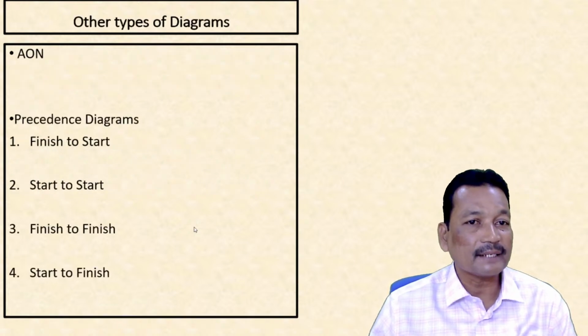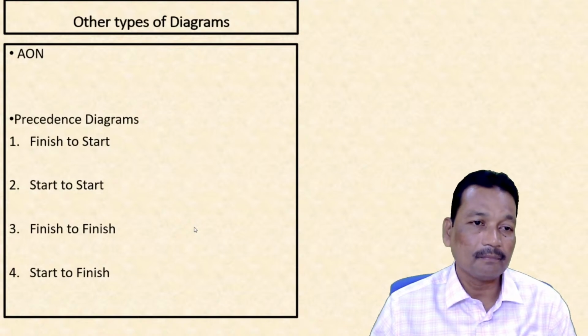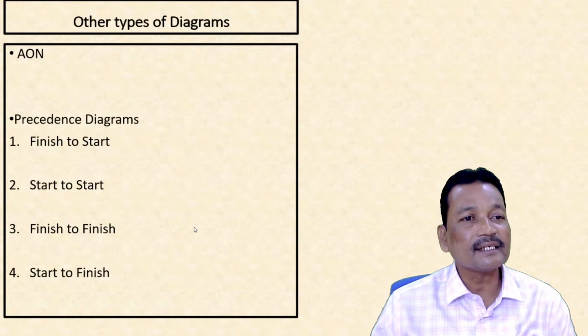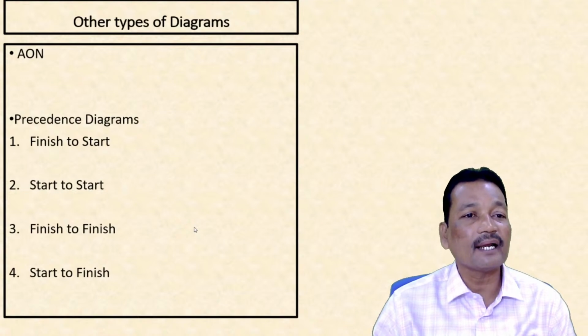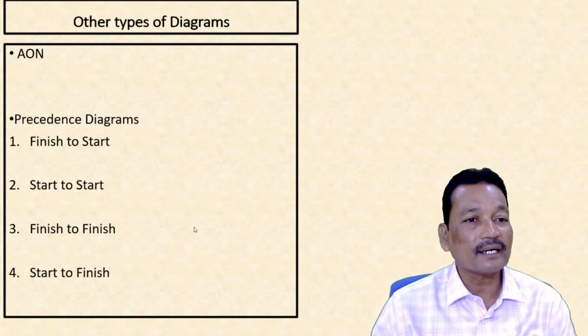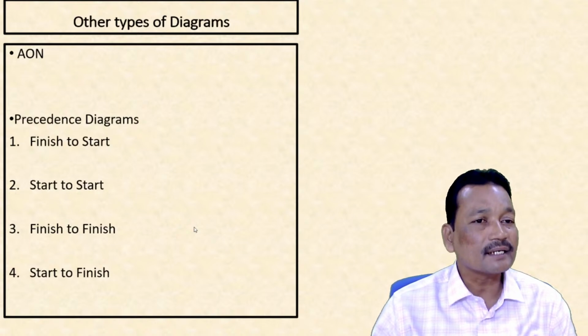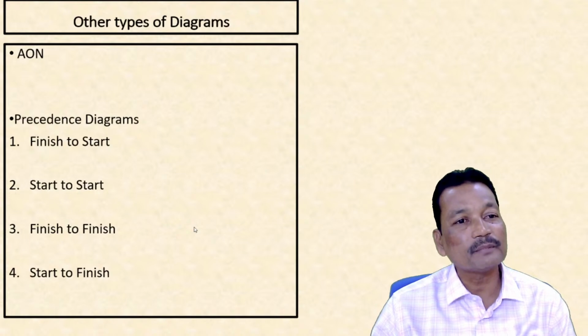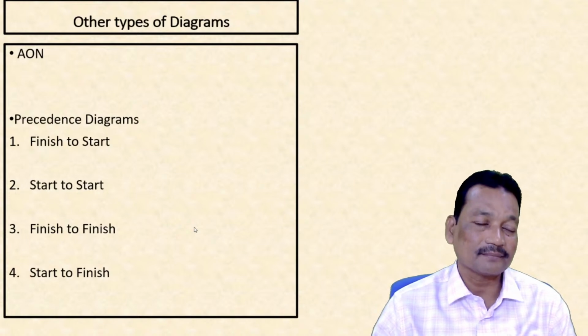What are the other types of diagrams I can have? We have seen up till now AOA, activity on arrows. Similarly, I can have activity on nodes. That means instead of events, activities will be shown on the circles.